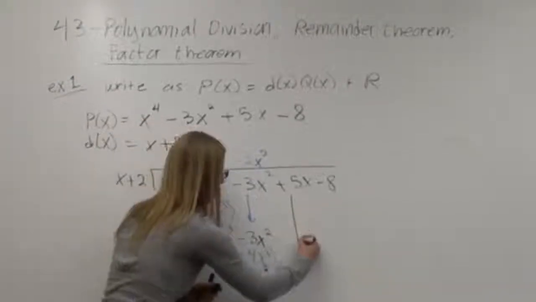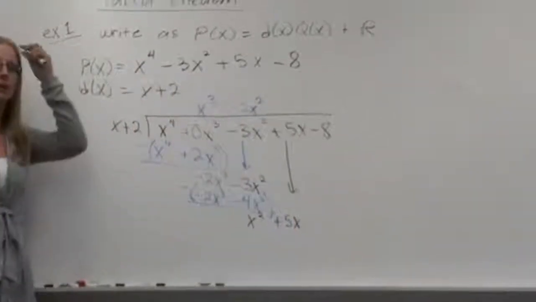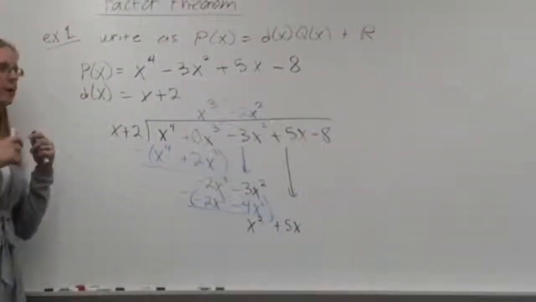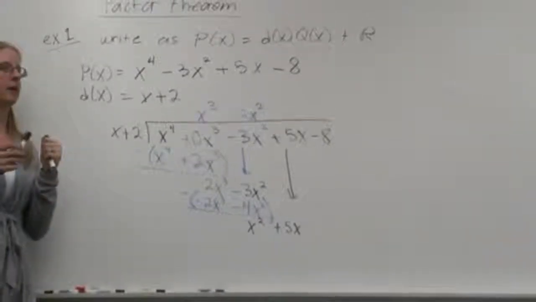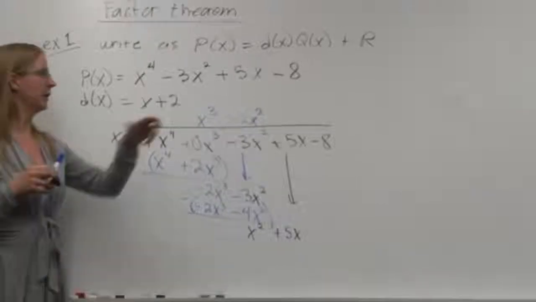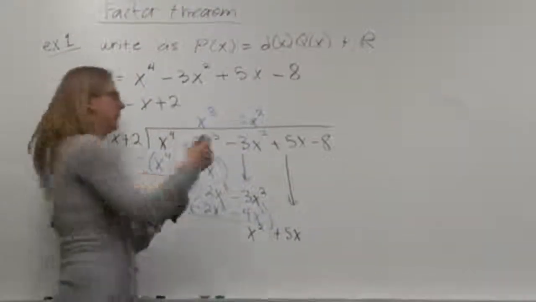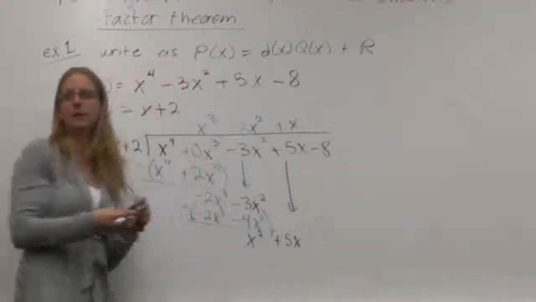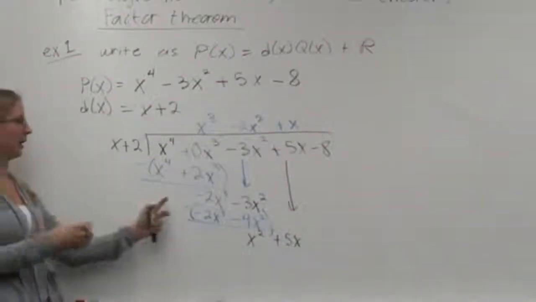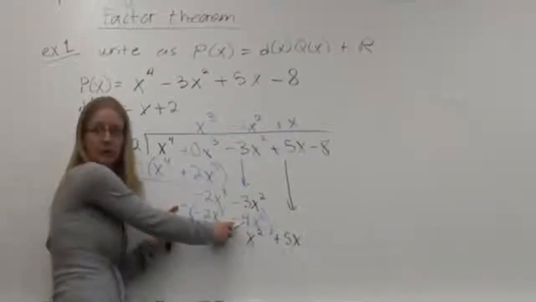And then we bring down the next term, so now it's a plus 5x. I'm sorry, I'm running low on room here. Questions there? Okay, then you keep going. So what times x gives me x squared? X. Those two negatives turned into a positive, so it was negative 3 plus 4.